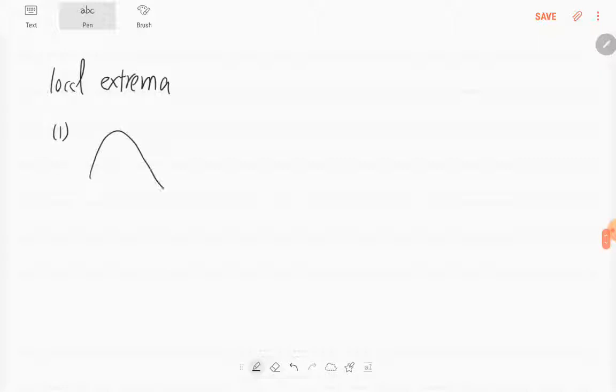Maybe this is the curve, at here, and here, and here. At these local extrema, the tangent line is horizontal, with slope zero. That means the derivative at these points equals 0.